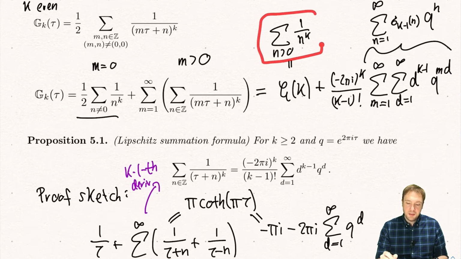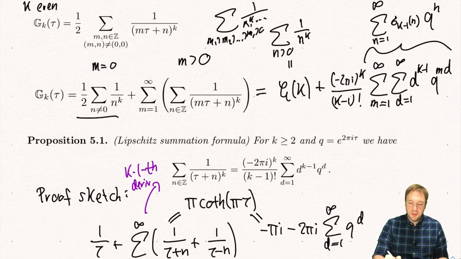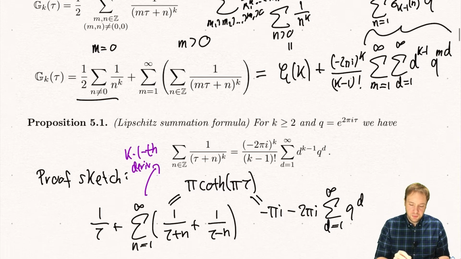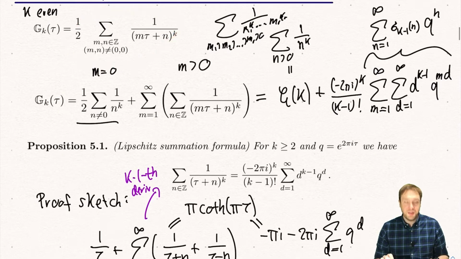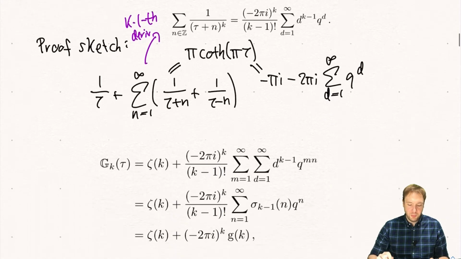Because the way from here to the definition of multiple zeta values was just, well, instead of saying I take the sum over all positive integers, I take the sum over all ordered positive integers of 1 over m1 to the k1 up to mr to the kr. And we will do a similar thing here. So instead of saying we take the sum over all lattice points, we take the sum over all positive lattice points, and then the multiple version will be defined in a similar way like this.